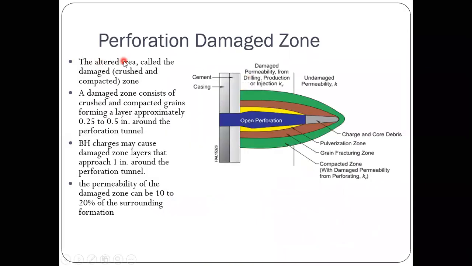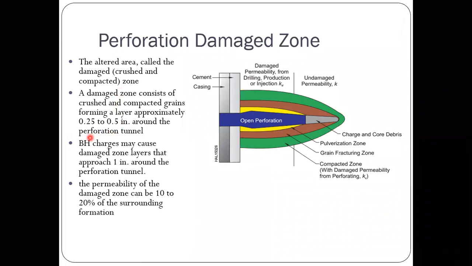So the altered area is called the damaged zone, like the crust and compacted zone. This crust and compacted zone is known as the damaged zone through perforation. And the damaged zone consists of crust and compacted grains forming a layer approximately 0.25 to 0.5 inch around the perforation tunnel.